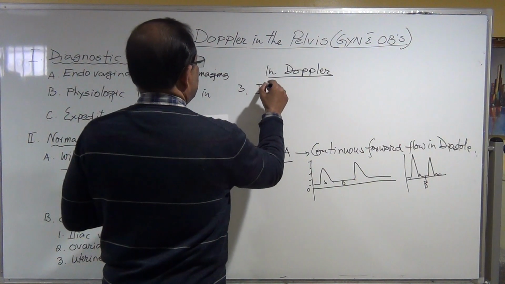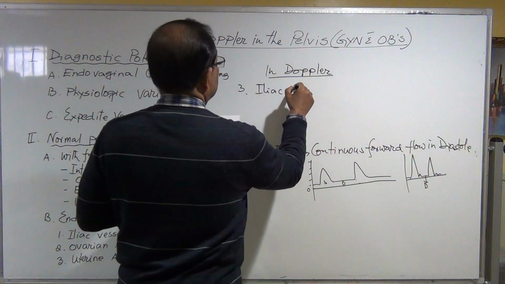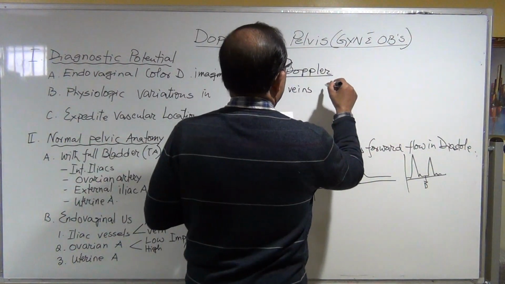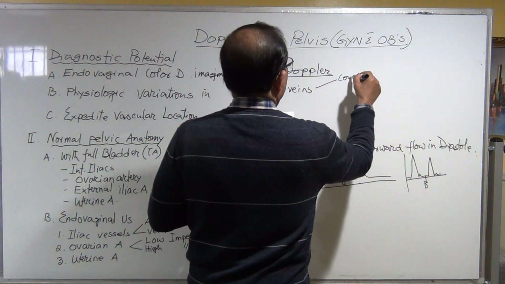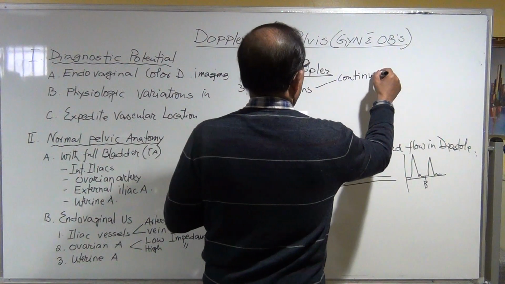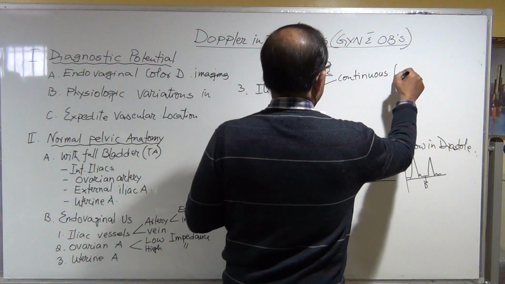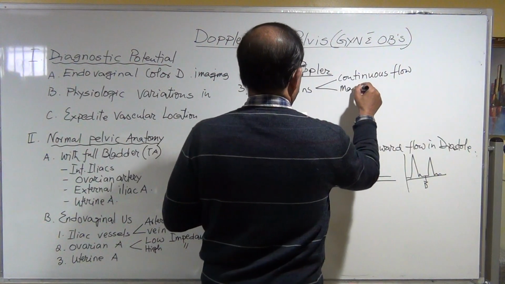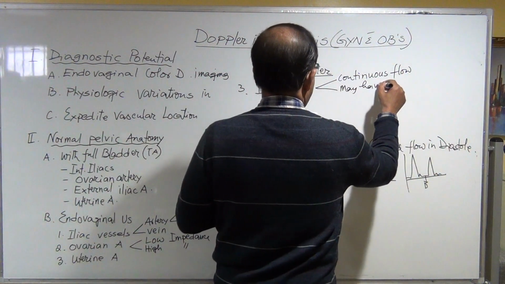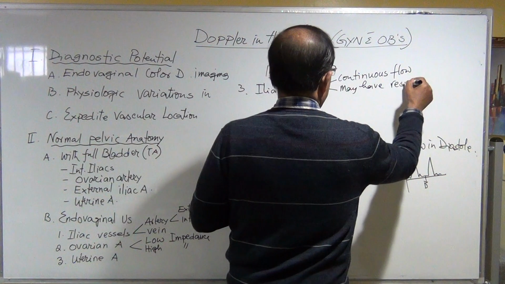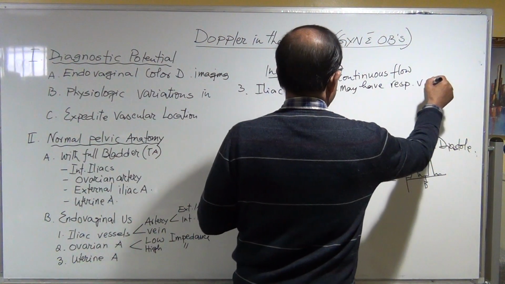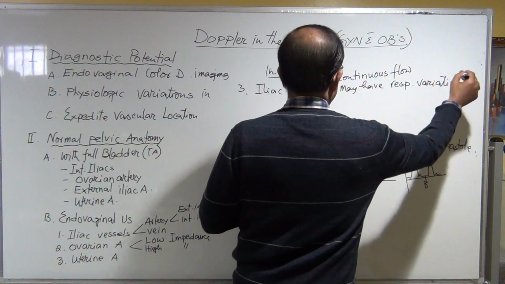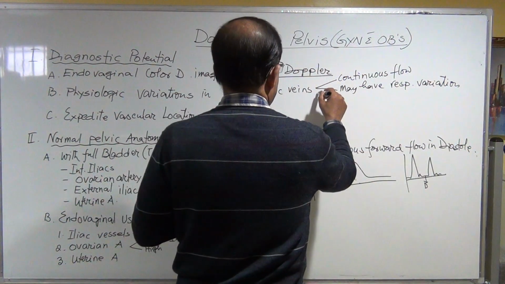Okay, iliac veins have continuous flow, may have respiratory variations, which means it may show phasic flow.